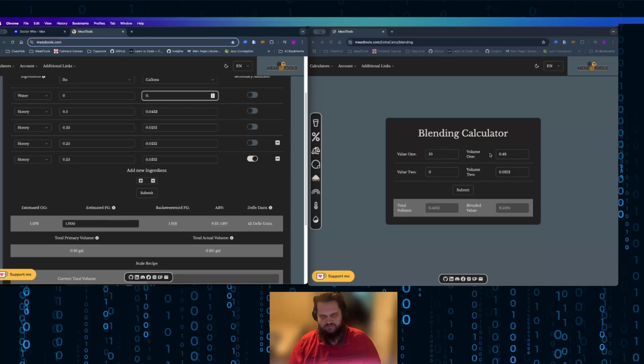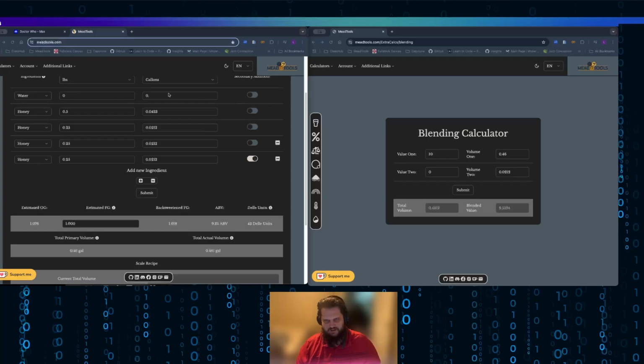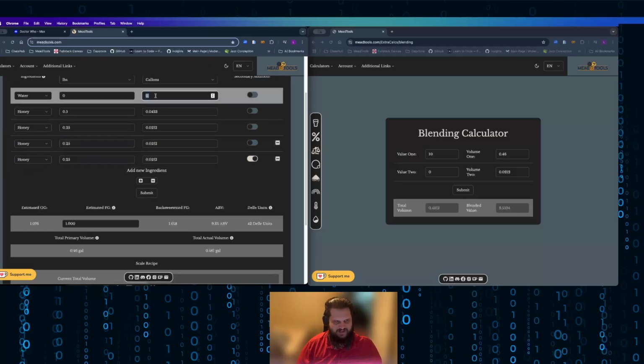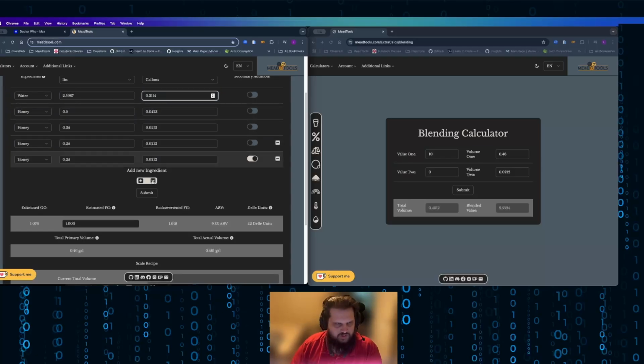So my original water volume is 0.375. Let's subtract the amount of honey that adds, so assume that my total volume is staying the same. That'd be 0.3114 instead. And now it's telling me that I'm at 10.6%.